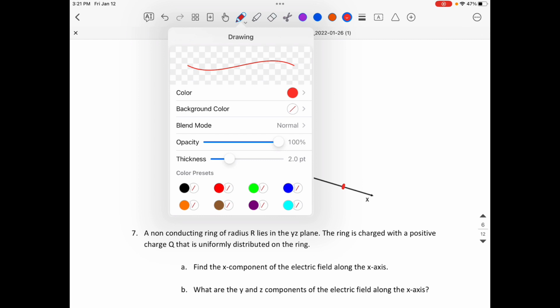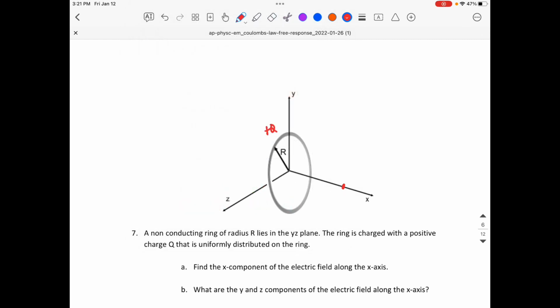Let me make this thinner. So a tiny subsection of charge in a piece of this ring, which would be dq, and that dq would give us the electric field pointing down and to the right, and that would be dE.